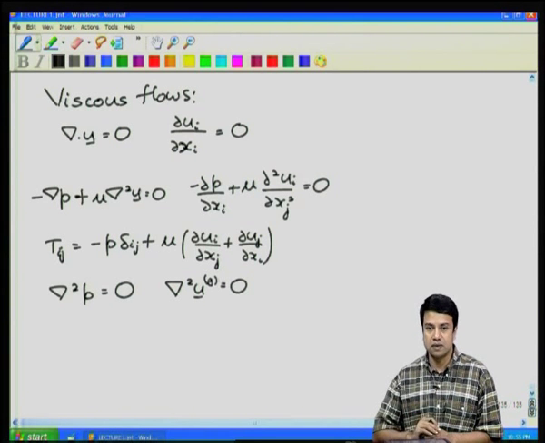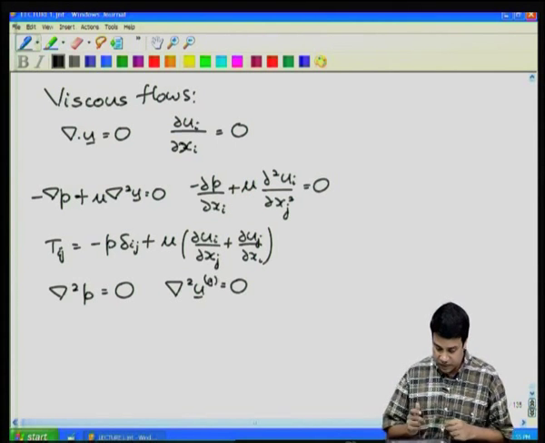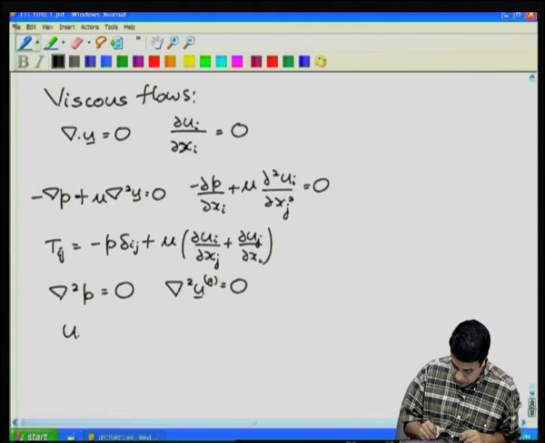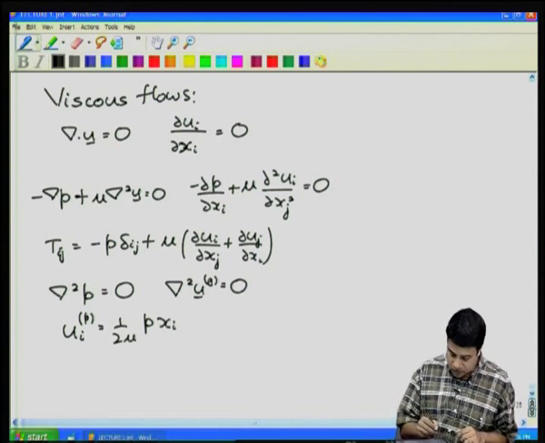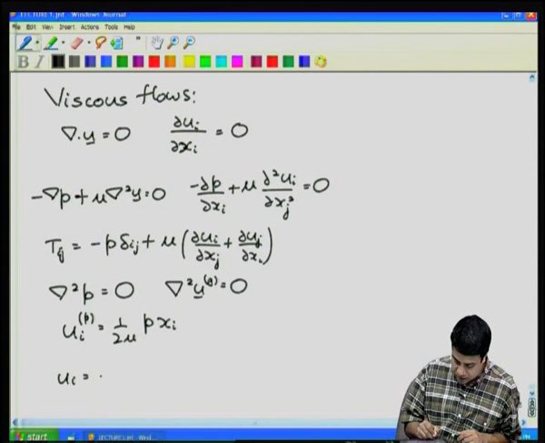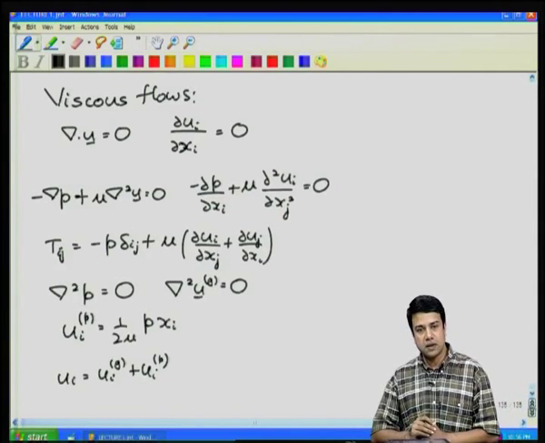And we found one particular solution that satisfies this equation, and that is that the particular solution is equal to 1 by 2 mu p times xi. Okay. So, that was the particular solution, and this total solution ui is equal to ui general plus ui particular. So, that is the final solution that you get.